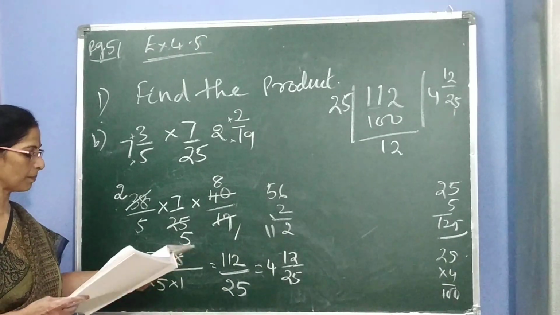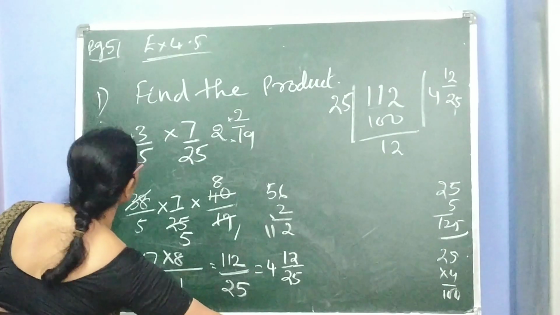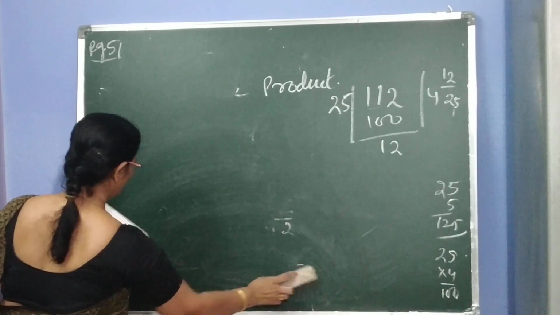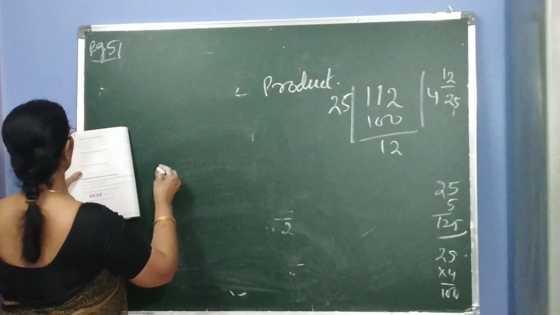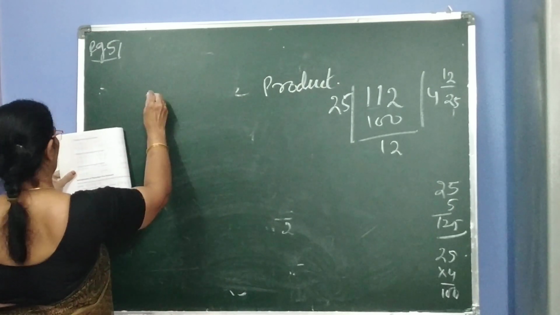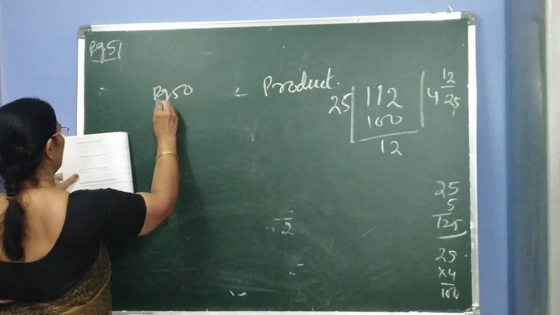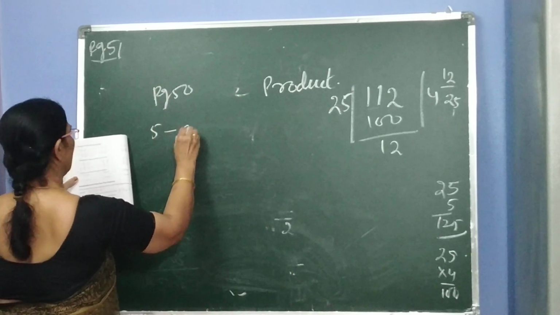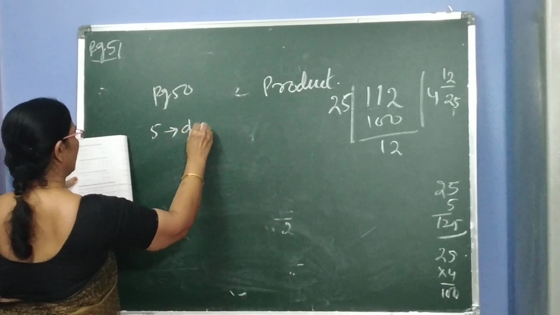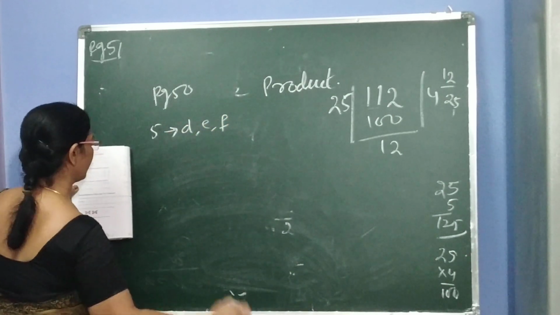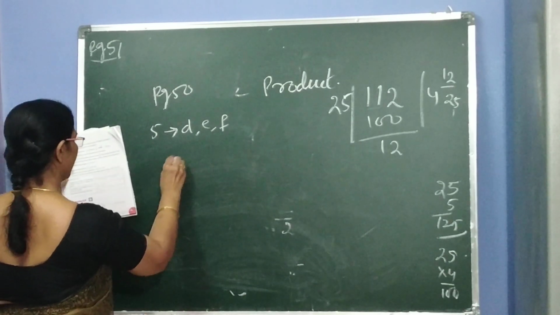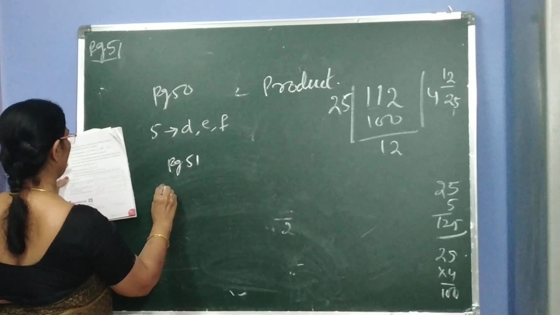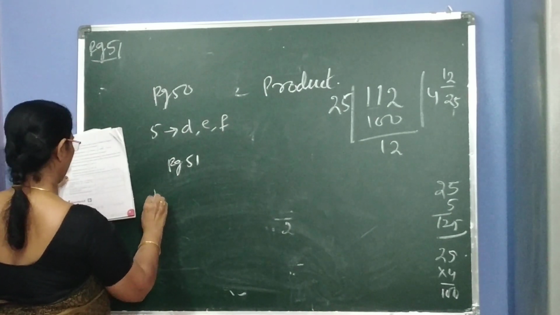I would like to give the sums from exercise 4.4 and exercise 4.5. Okay, children, copy down this homework. Do this homework in your homework book. Page 50, 5th bit, D, E, F. Page 51, first bit.